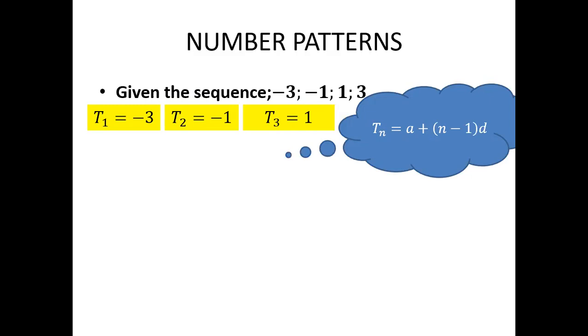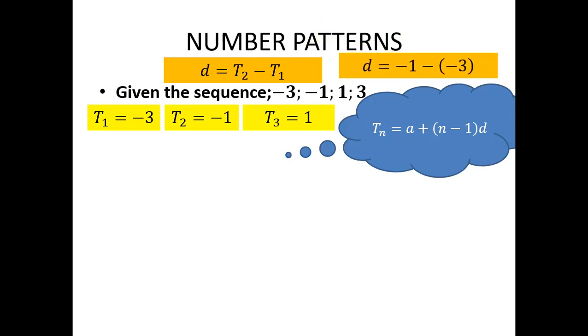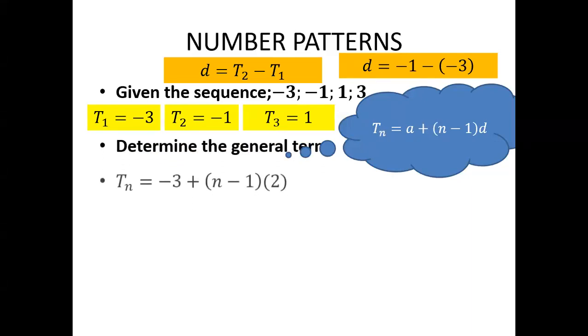Now, to determine D, you will just take -1, which is term 2, minus -3, which is term 1. And when you calculate that, it will give you a common difference, which is 2, because we keep on adding 2. Where there is A, you will substitute -3. Where there is D, you will substitute 2.